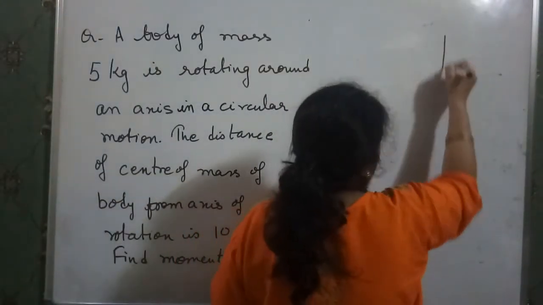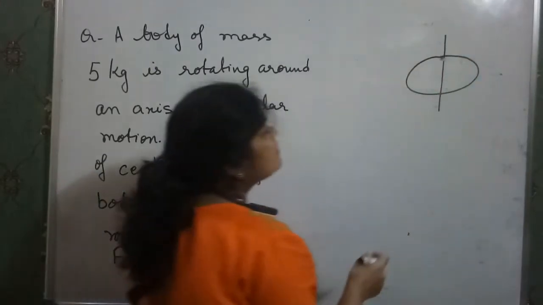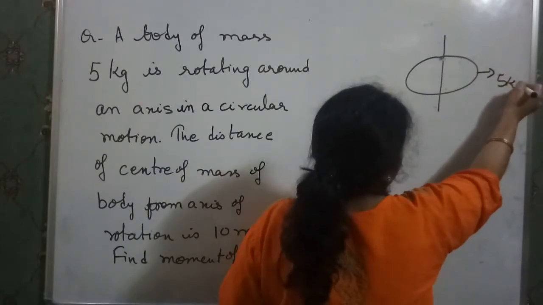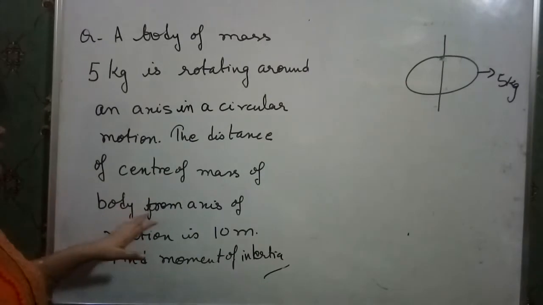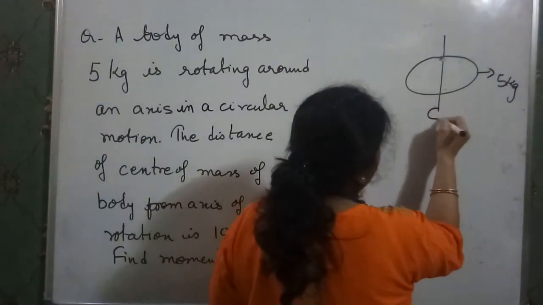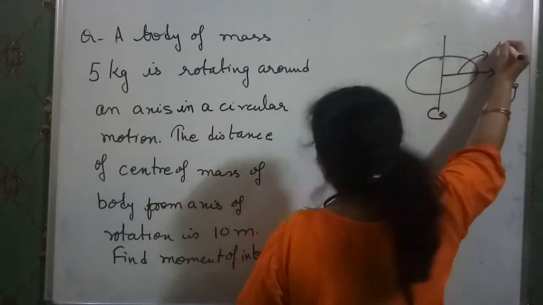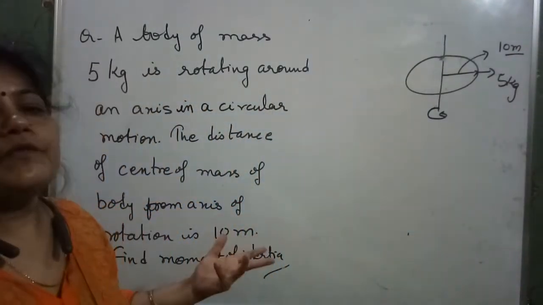The distance of the center of mass of the body from the axis of rotation is 10 meter. You have to find the moment of inertia.